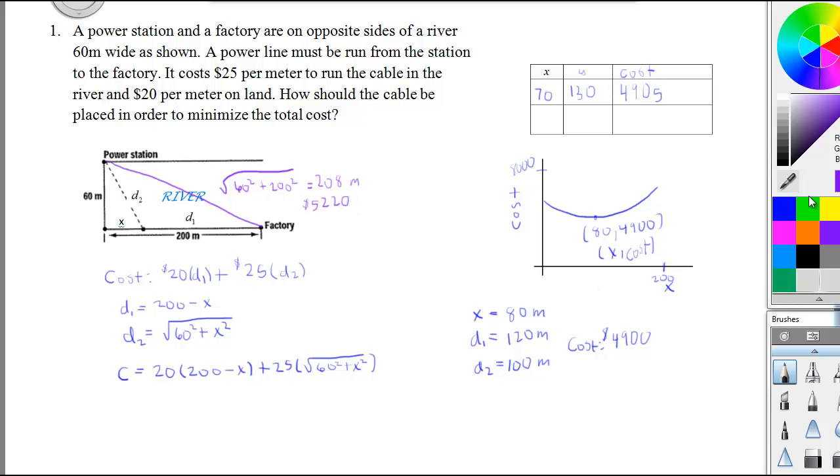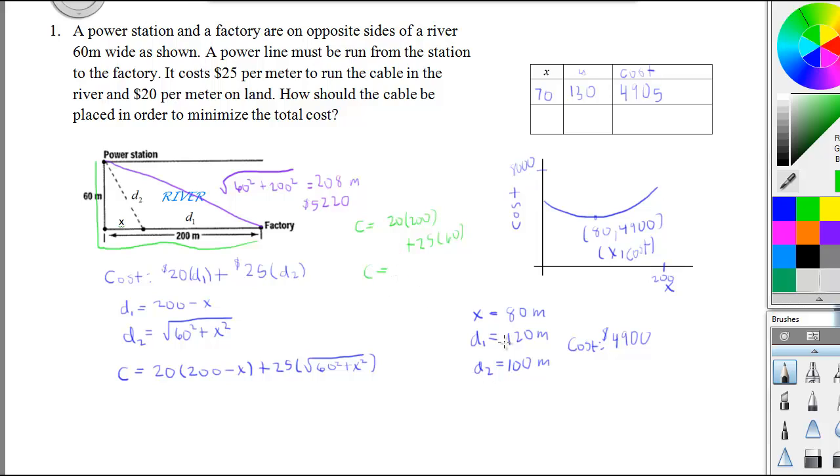And then if instead you went all the way along here, 200 meters along the shore, and 60 meters to the power station, then that cost would be $20 times 200 plus $25 times 60. Notice the total distance is 260 meters, whereas this, the total distance was 208 meters.